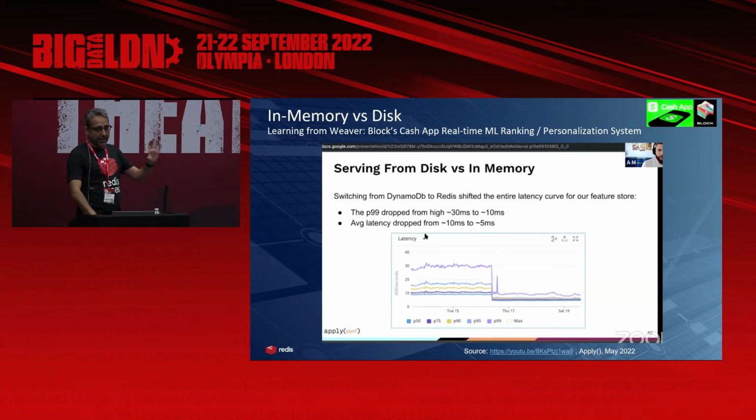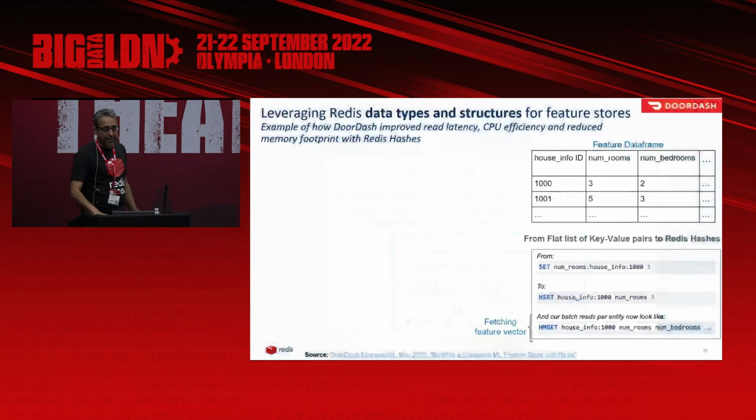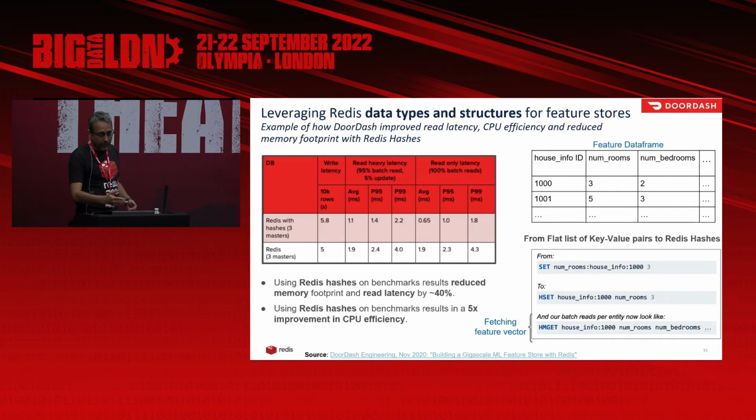And another most important thing is that Redis is a data structure server. It provides you with different data structures to fit your model. Like DoorDash, when they were developing their feature store, initially they were using Redis strings to store their features. When they changed to Redis hashes, which is just like a dictionary in Python or a hash in Java, they reduced the latency by about 40%.